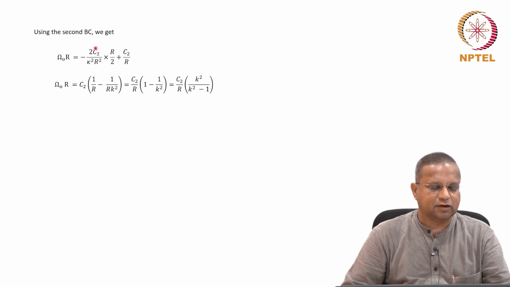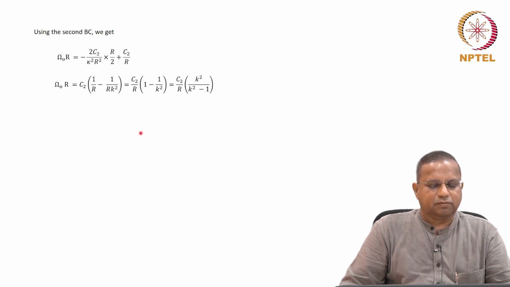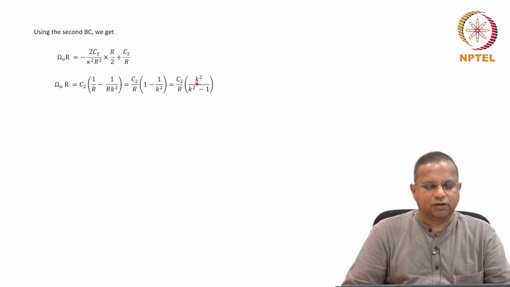Therefore this is the term that corresponds to this, minus 1 by r k squared, and here you have 1 by r remaining, and if you further take 1 by r out as common, you get c2 by r, 1 minus 1 by k squared equals omega naught r, and this you could write as c2 by r k squared by k squared minus 1, taking k squared. It should be to the power of minus 1.